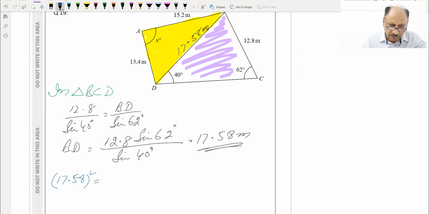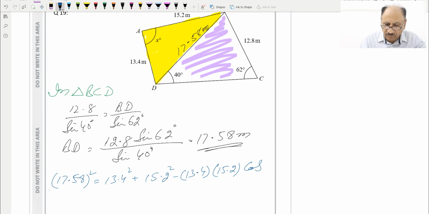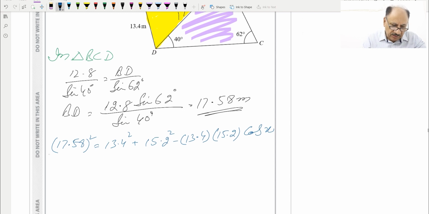Otherwise you can use this one: 17.58 square, and one side which is 13.4 square plus other side which is 15.2 square, and minus one side 13.4 and the other side 15.2, and cos of x. So from here we can write x is equal to cos inverse of this value.